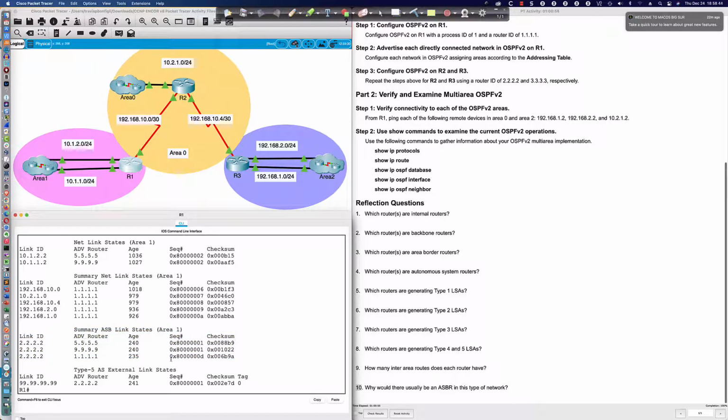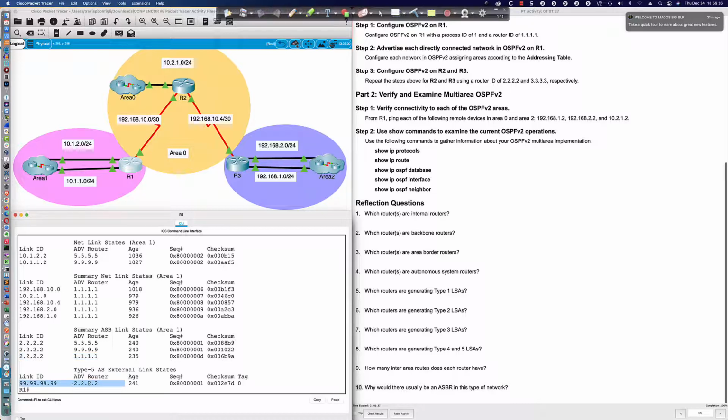And these type 4 LSAs that are advertised by router 5, advertised by router 9, advertised by router 1, what does the type 4 LSA identify here? It identifies the advertising node of the type 5 LSA. The type 4 LSA provides the reachability information from an OSPF perspective as to how to get to the 2.2.2.2. Because you can see here, they're going to learn that type 5 LSA.